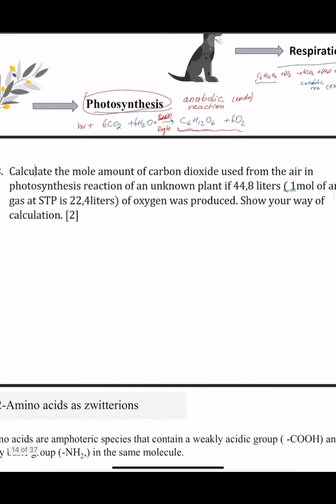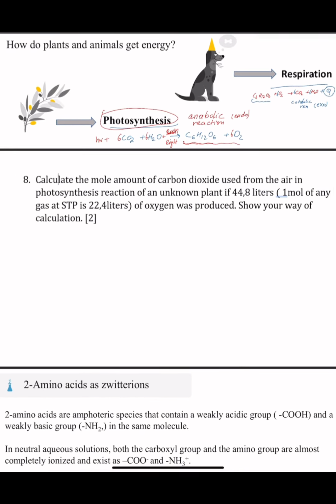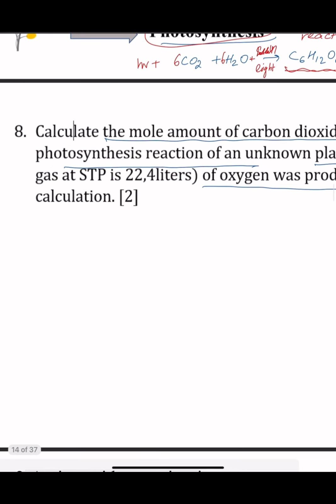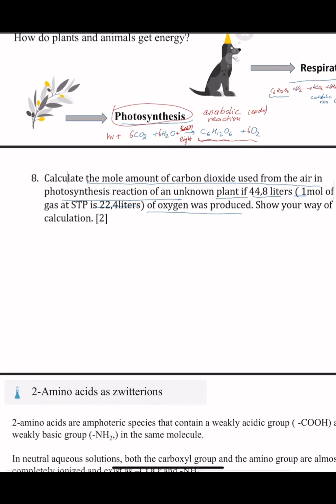Okay, so let's write this example from our exam. Calculate the mole amount of carbon dioxide used from the air in the photosynthesis reaction of an unknown plant if 44.8 liters of oxygen was produced. By the way, 1 mole of any gas, we said at STP, is 22.4 liters. You need to know this because in the exam you're not going to be given that.